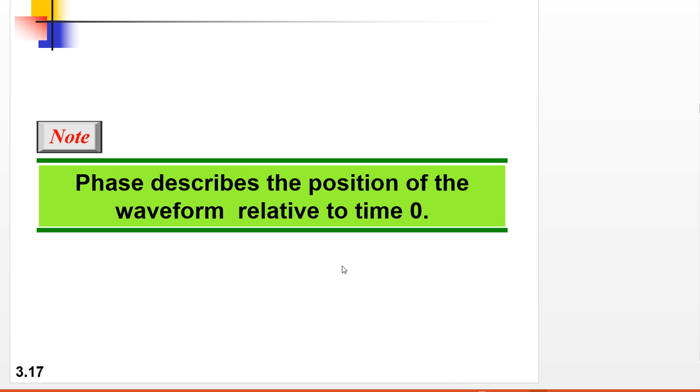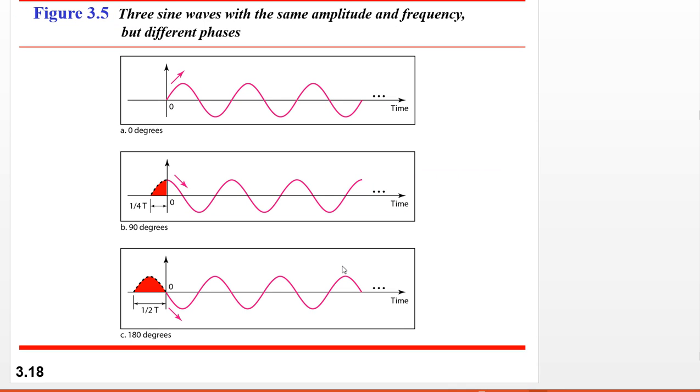Here you are seeing three sine waves with the same amplitude and same frequency but they differ in phase. The height is the same, the number of time periods is the same, but they differ in phase.